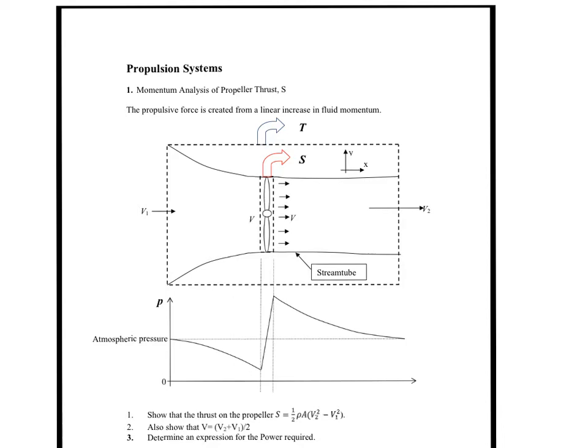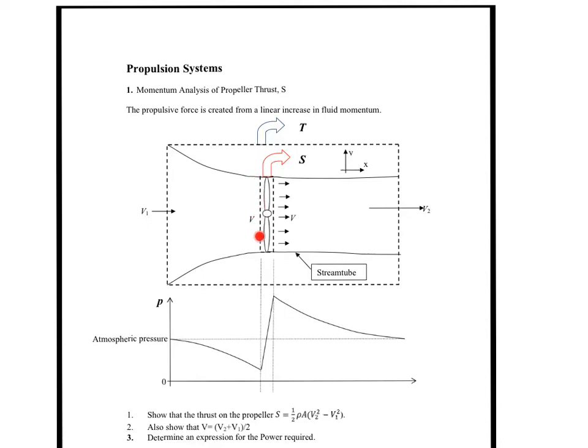You remember A1 V1 equals A2 V2. What is A1? The area before the propeller. Remember, you have to imagine this is a three-dimensional situation and you're looking at a plane section.